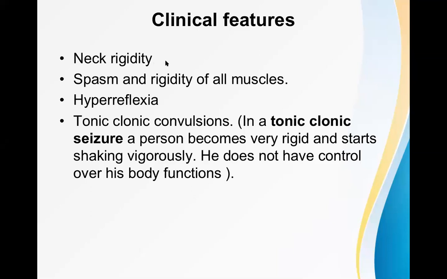So if your examiner or your professor asks you what the causes of neck rigidity are, you can quickly tell these answers: meningitis, meningoencephalitis, subarachnoid hemorrhage, tetanus, and sometimes even some local diseases in the head and neck area like tonsillitis, upper lobe pneumonia, any abscess, or any injury of the cervical muscle that can also result in neck rigidity. They are less important in comparison to the others which I just told you.